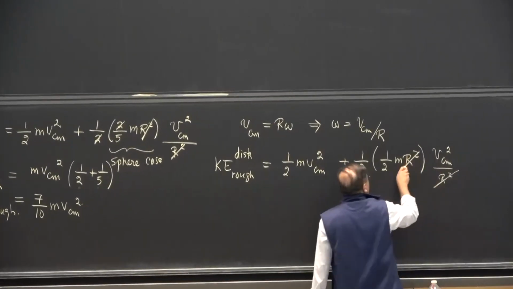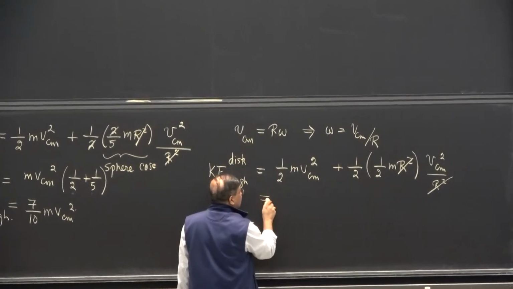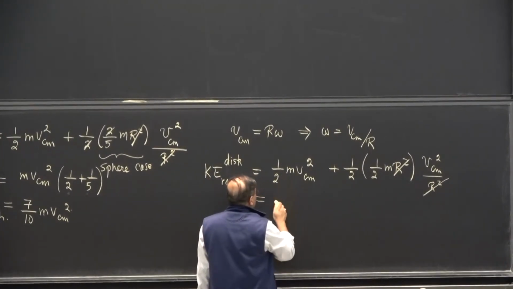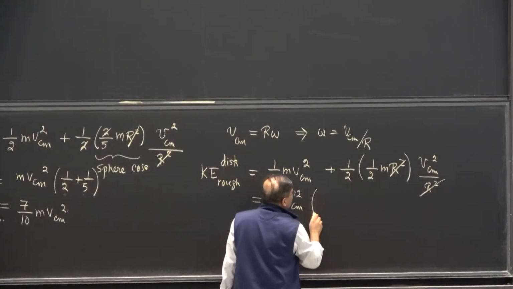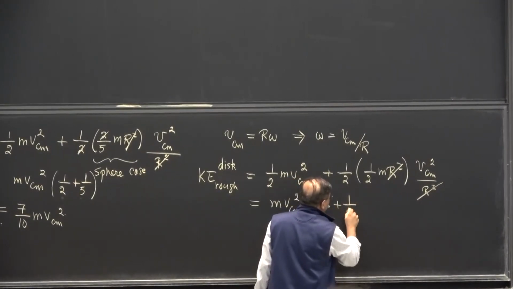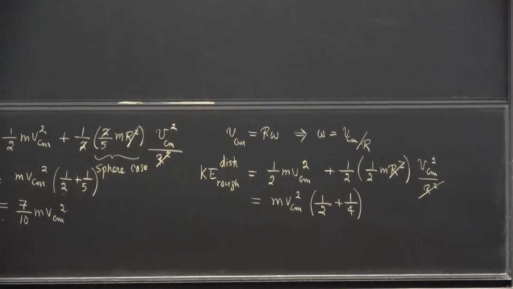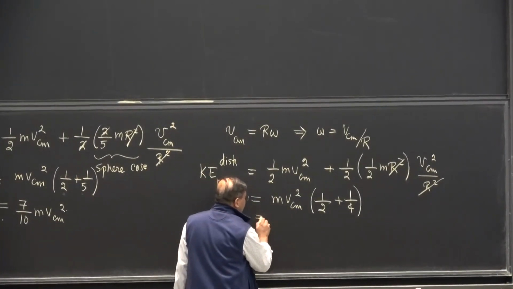As before, the r squares will go away, but you see the coefficient is different, so the energy will come out different, everything else remaining the same. So I can write m v center of mass squared, and then I have 1/2 plus 1/4. So that means 2/4 plus 1/4, so that will be 3/4.